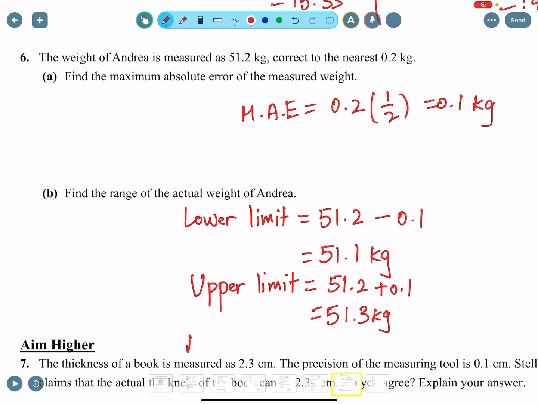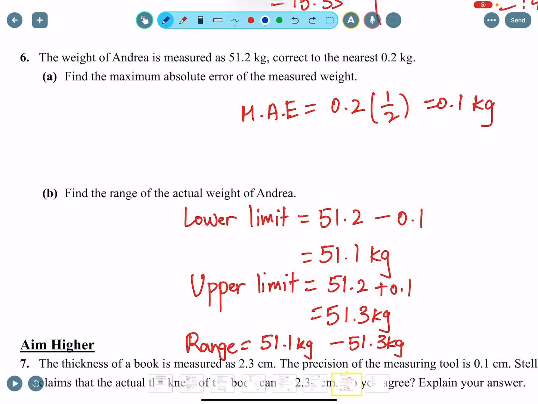All right, so the range is 51.1 to 51.3 kg. Andrea's weight is between 51.1 kg and 51.3 kg. Even though the measured weight is 51.2 kg, we're not sure where her actual weight is, right? So there is this range considering the errors.